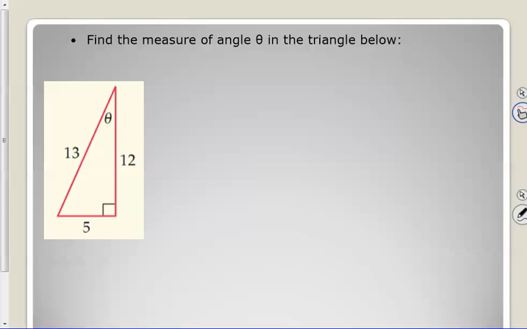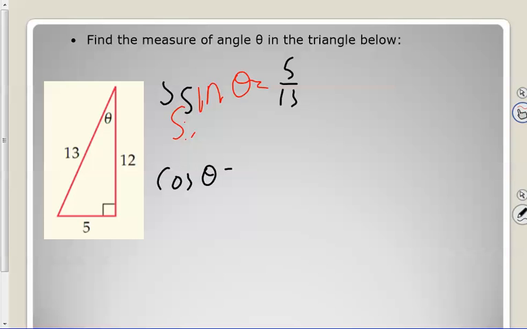If I use the sine of theta, it equals 5 over 13. I could use the cosine of theta, which would be 12 over 13. I could use the tangent of theta, which would be 5 over 12. I could use any of those.